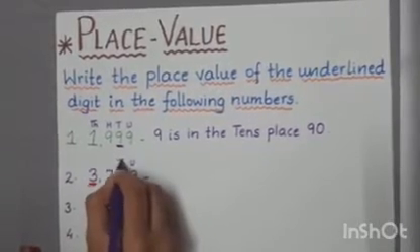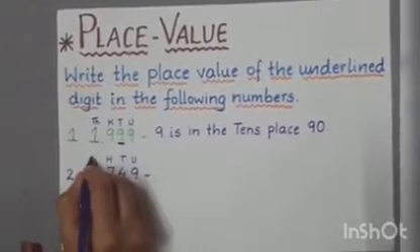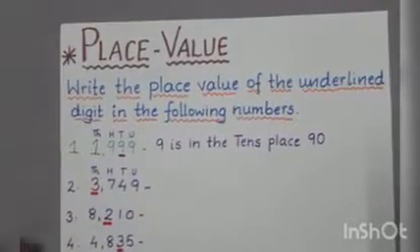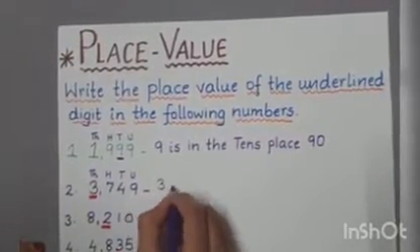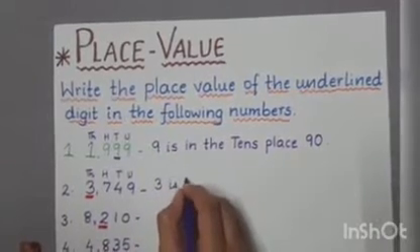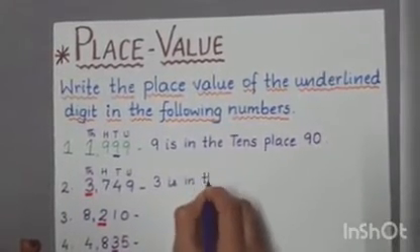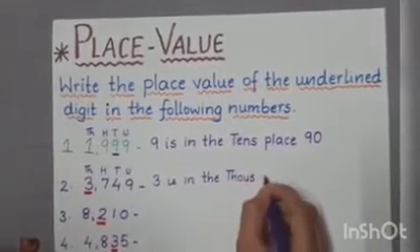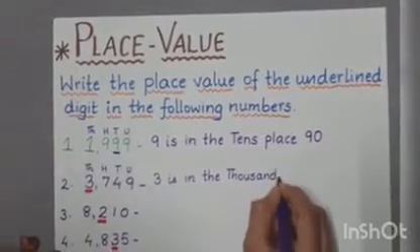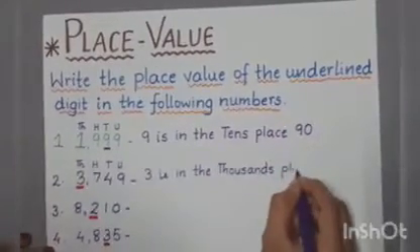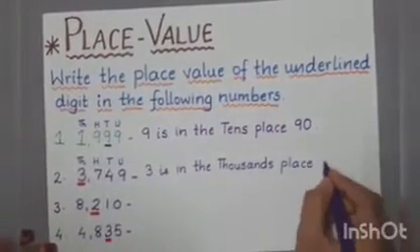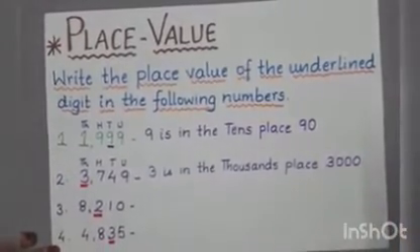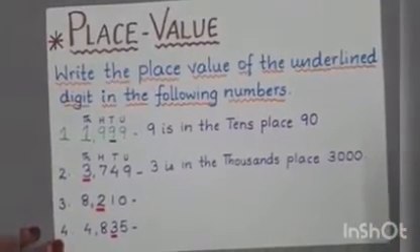Let's do unit, tens, hundred and thousand. So 3 is in thousands place. So let's write 3 is in the thousands place. So it will become 3000. Isn't it interesting?